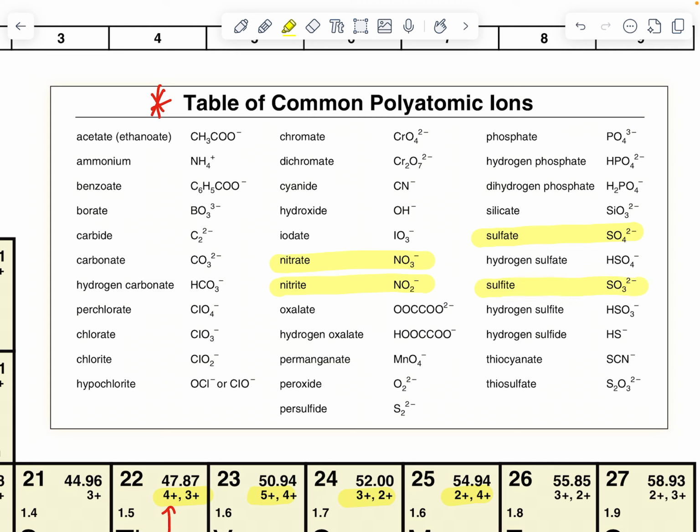So they're very similar formulas, and because of that, we need to keep the ending. So we don't change anything with the names of the polyatomic ions, because if we changed them to ide, for example, you wouldn't know the difference between nitrate or nitrite. So these ones, if you see more than 2 elements, it must be a polyatomic ion present. And we're going to just write the name down.